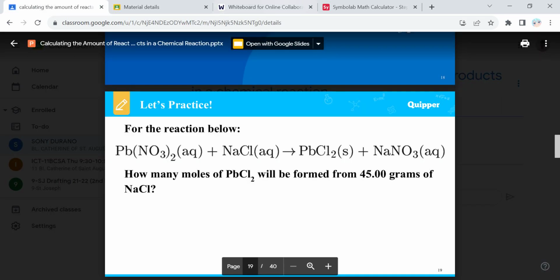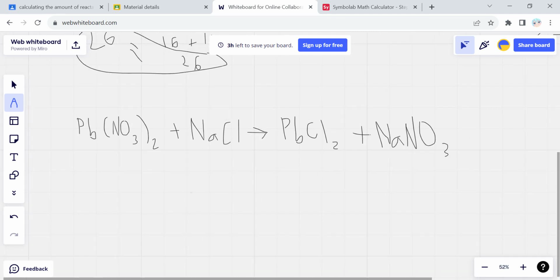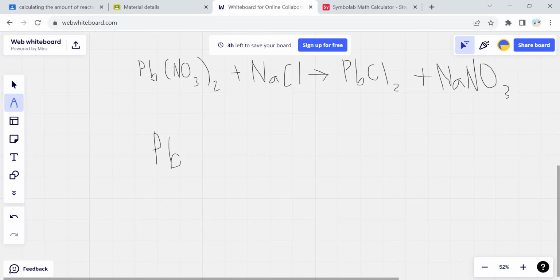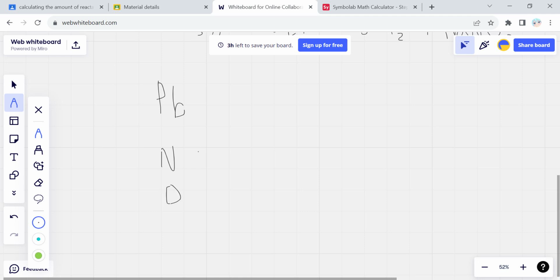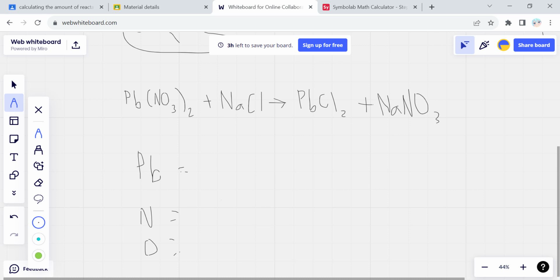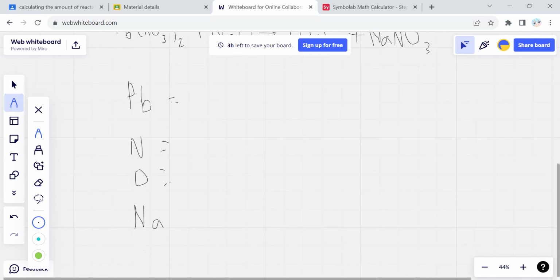PbCl2 plus NaNO3. Let's see here. So our Pb, our N and our oxygen, sodium and chlorine.